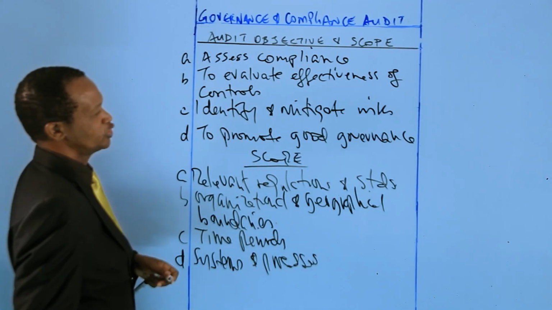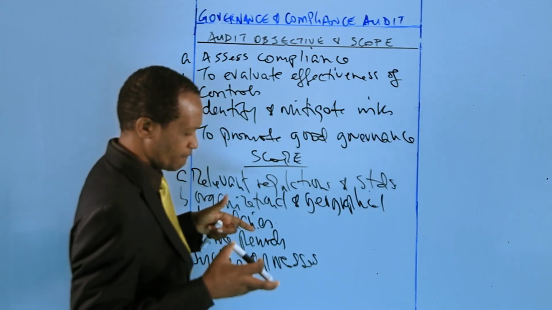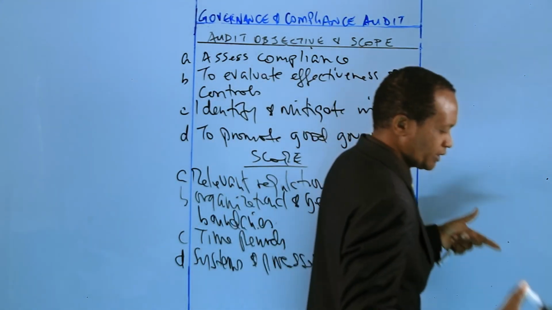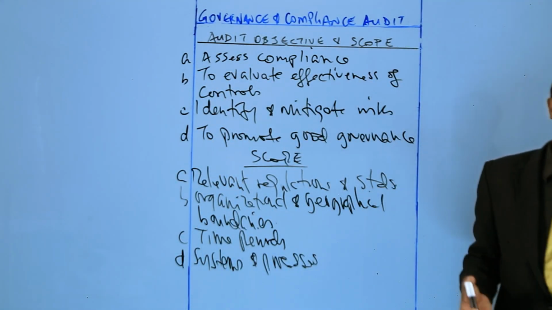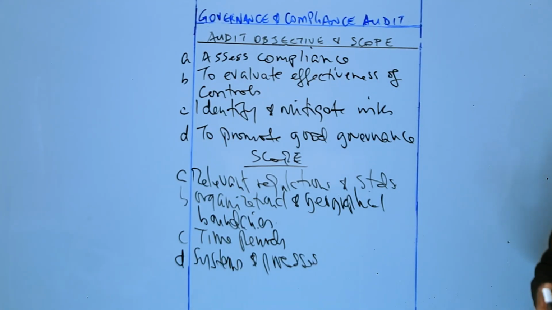Systems and processes may also define the scope of the audit. Here, the auditors have to identify the specific systems, applications, and also business processes that are in scope. And this could include specific enterprise resource planning. It may also include financial reporting processes, and so on. It could be customer relationship management, database, etc.